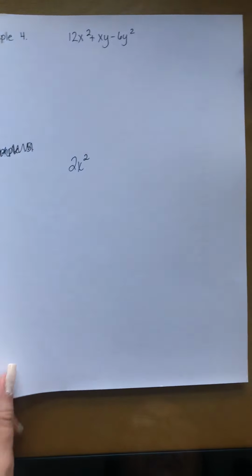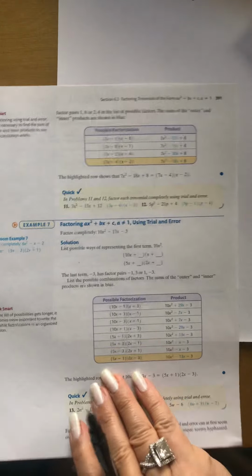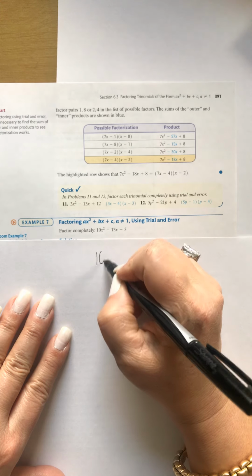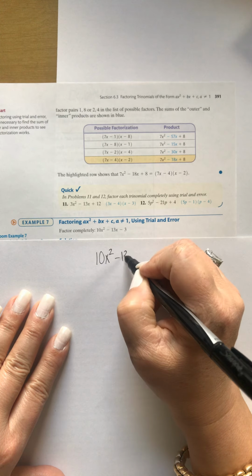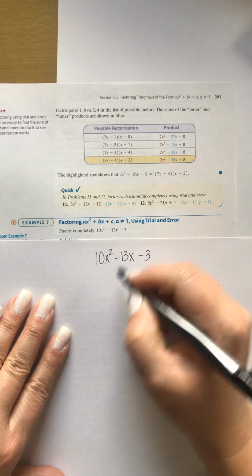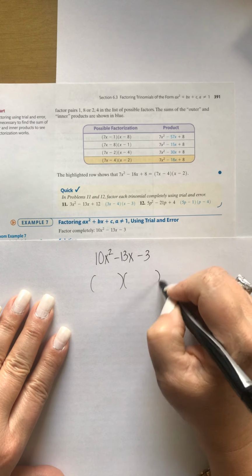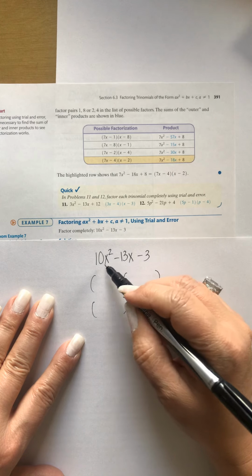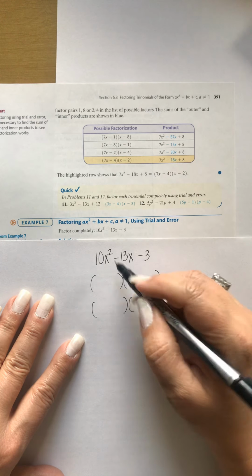Okay, let's try another example of trial and error. We've got example number 7. Example number 7 says 10x squared minus 13x minus 3. Now for this one, what two numbers multiply to give you 10?